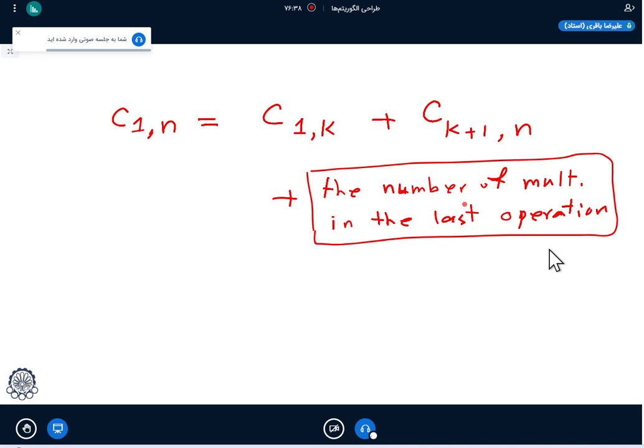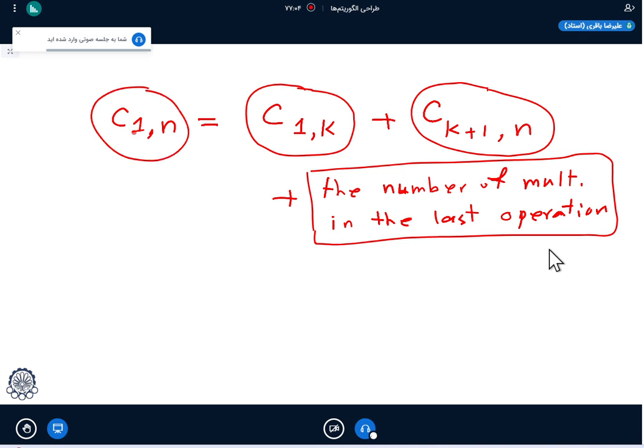C1k is the number of multiplications in subproblem 1, or the left side. Ck+1,n is the number of multiplications in the right side. And C1n is the total number of multiplications in multiplying matrices M1 to Mn, the total matrices.